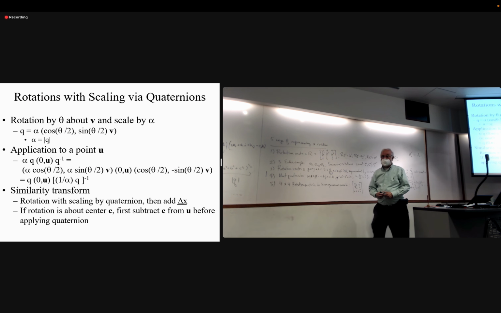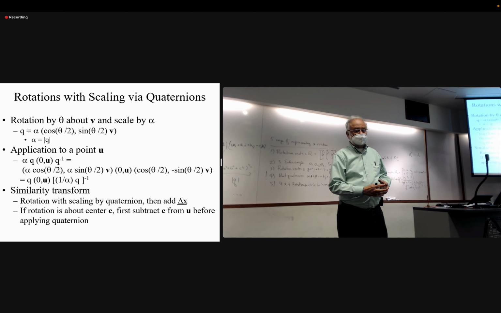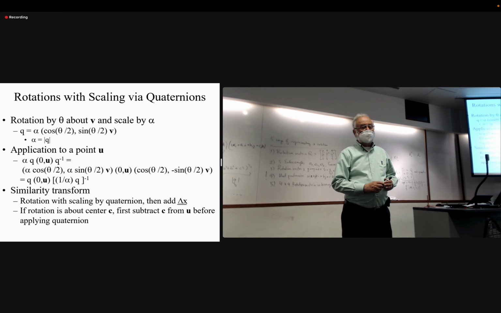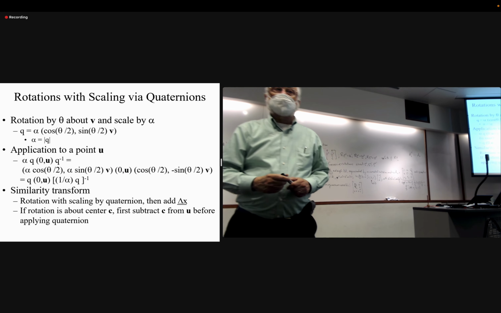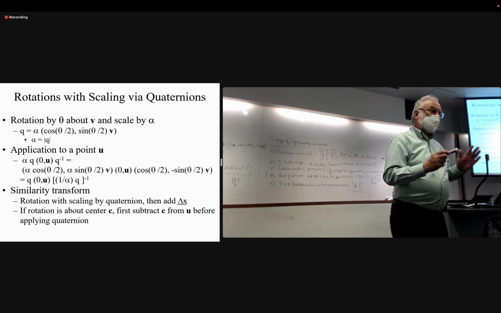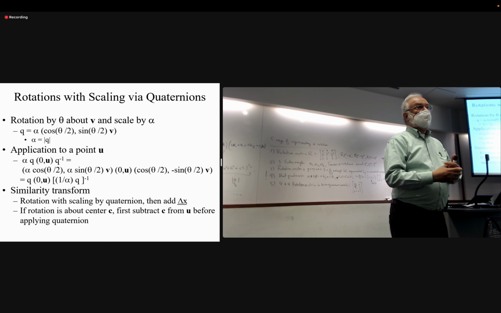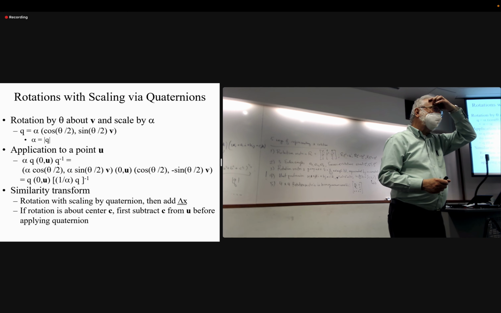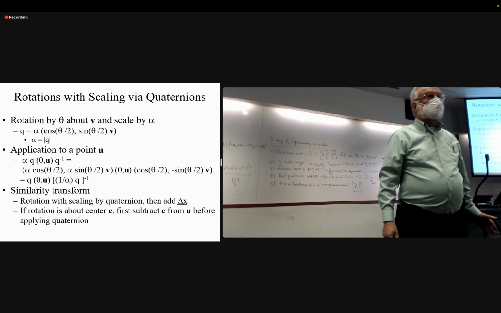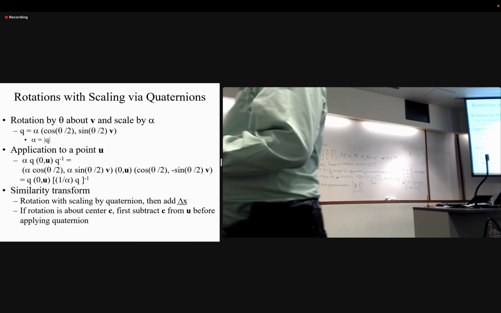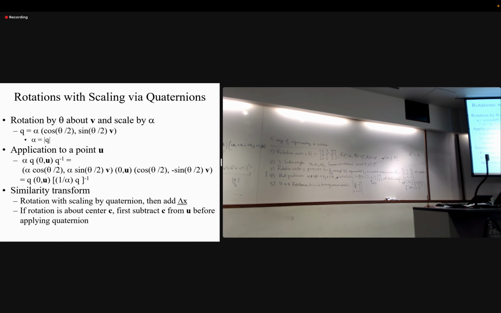The next thing is, because quaternions give you both rotation and scaling, if you want to apply a rotation and a scaling, you can do it with a quaternion. That's good. But you can't do translation with a quaternion. So you need to first rotate and then scale and then translate.